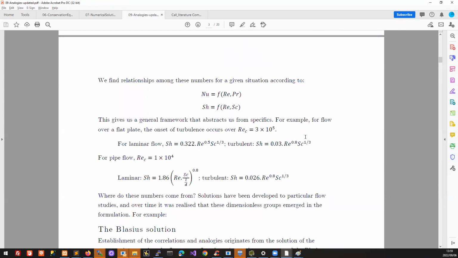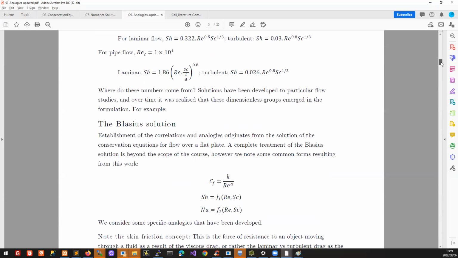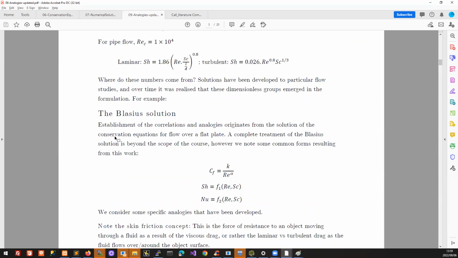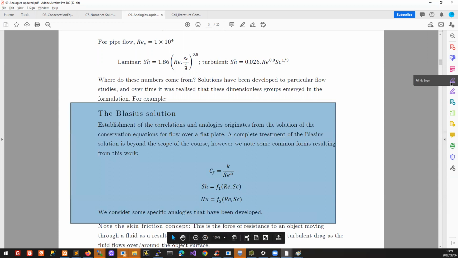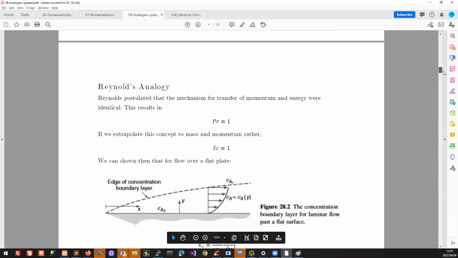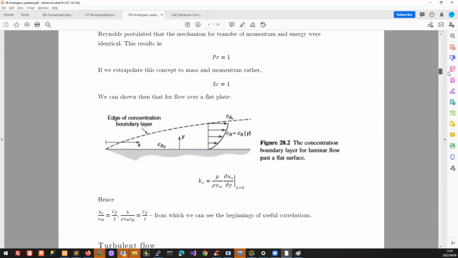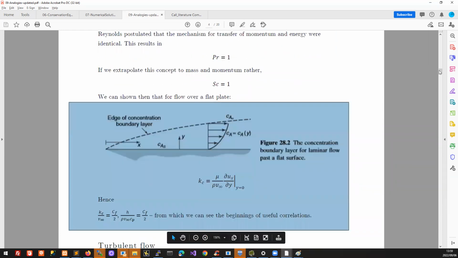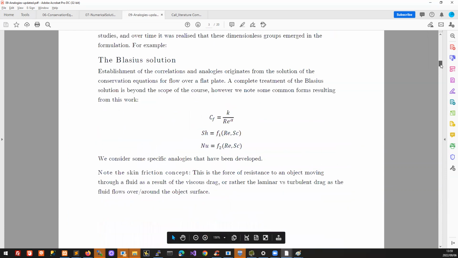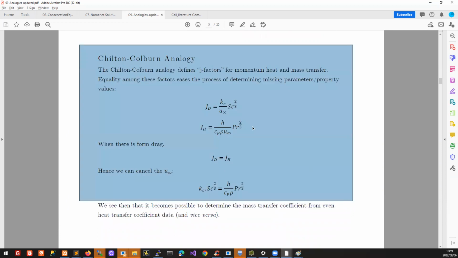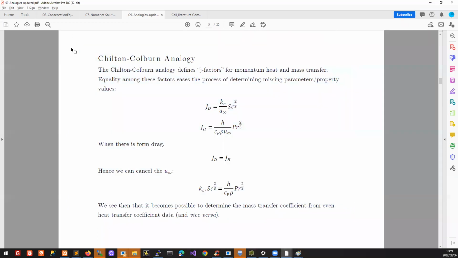Okay, and then here are shown some of the original solutions, or some of the original attempts to derive relationships among these. So of course, there have been attempts to develop relationships among all the variables. So you can look up the Reynolds analogy, the Blasius solution, and this one is known to be quite accurate, the Chilton-Colburn analogy.